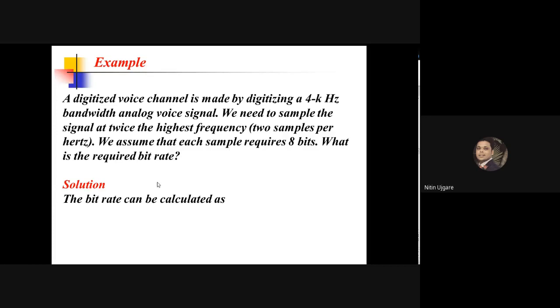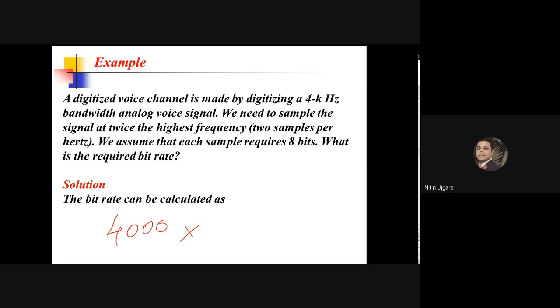So now what we are doing is, let us convert this 4 kilohertz bandwidth of the digitized voice channel into hertz. We know that 1 kilohertz is equal to 1000 hertz, so 4 kilohertz will be equivalent to 4000 hertz.